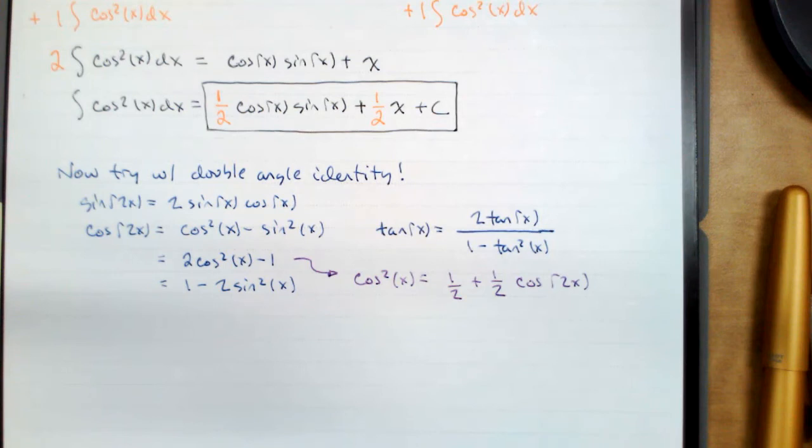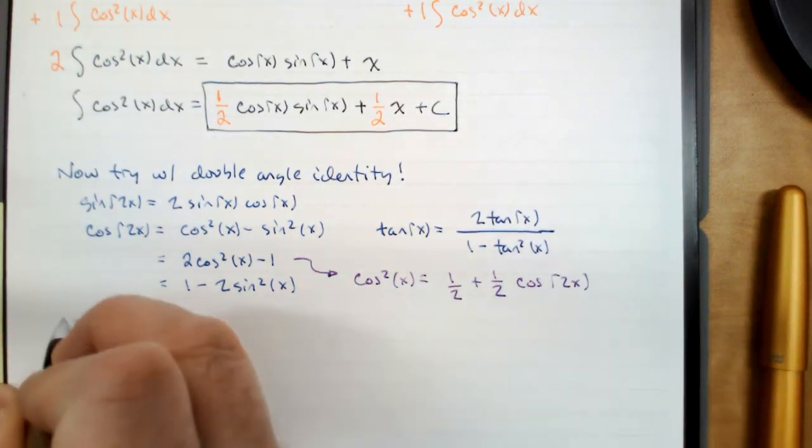Just add 1 and divide by 2. So I can trade my cosine squared for a 1/2 plus 1/2 cosine of 2x. From a calculating things on the calculator standpoint, that doesn't get me very far, but from an integration standpoint, this takes my messy integral to a pretty easy one.